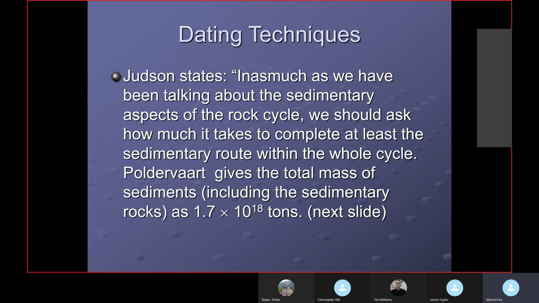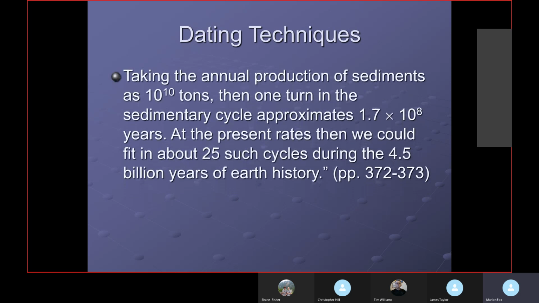Poldervaart gives the total mass of sediments, including the sedimentary rocks, as 1.7 times 10 to the 18th tons. What that means is, if you take the decimal point between the 1 and the 7 and move it to the right 18 places, that would be how many tons he's talking about. That's what you do to get that mathematically.